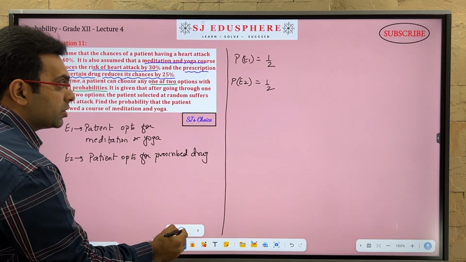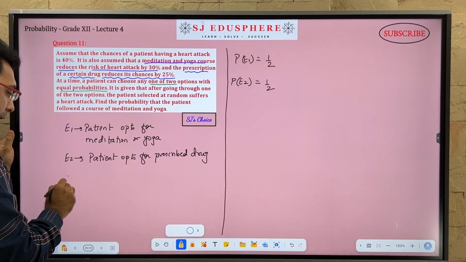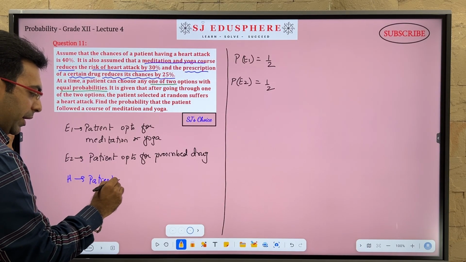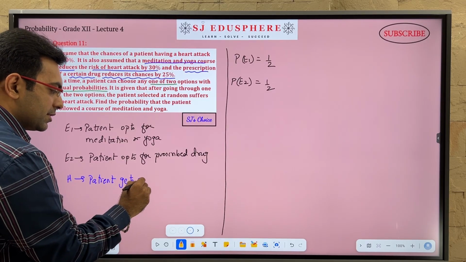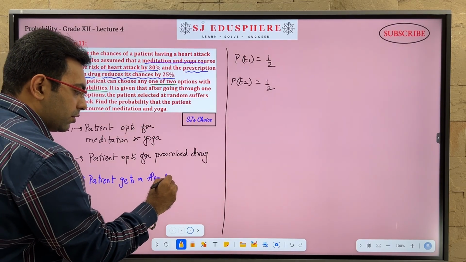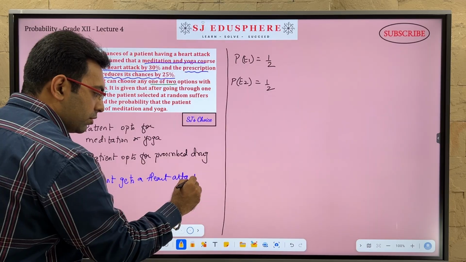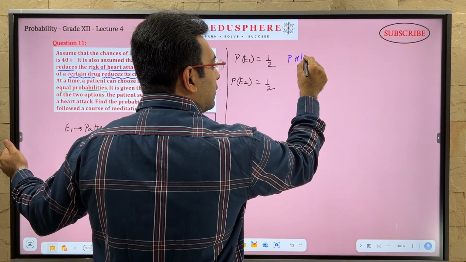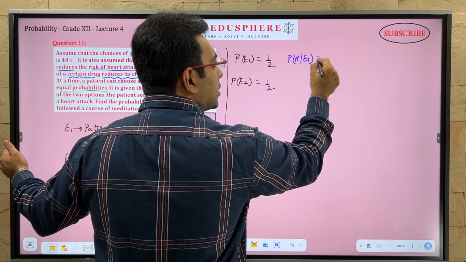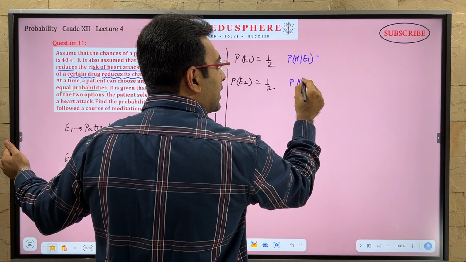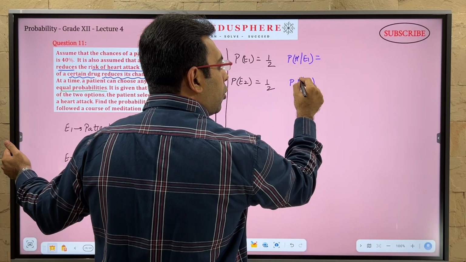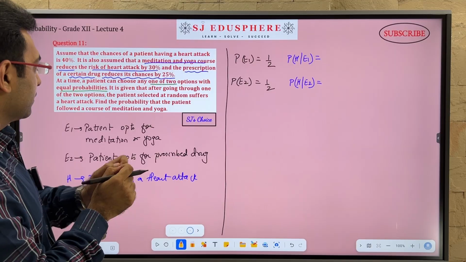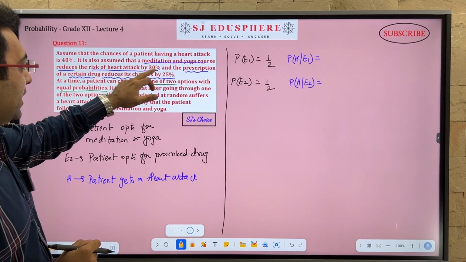Now, please watch this part very carefully. H is patient gets a heart attack. Patient gets a heart attack given that he opts for meditation and yoga. Patient gets a heart attack given that he opted for a prescribed drug. Watch the grammar. A silly mistake happens when we take the number.